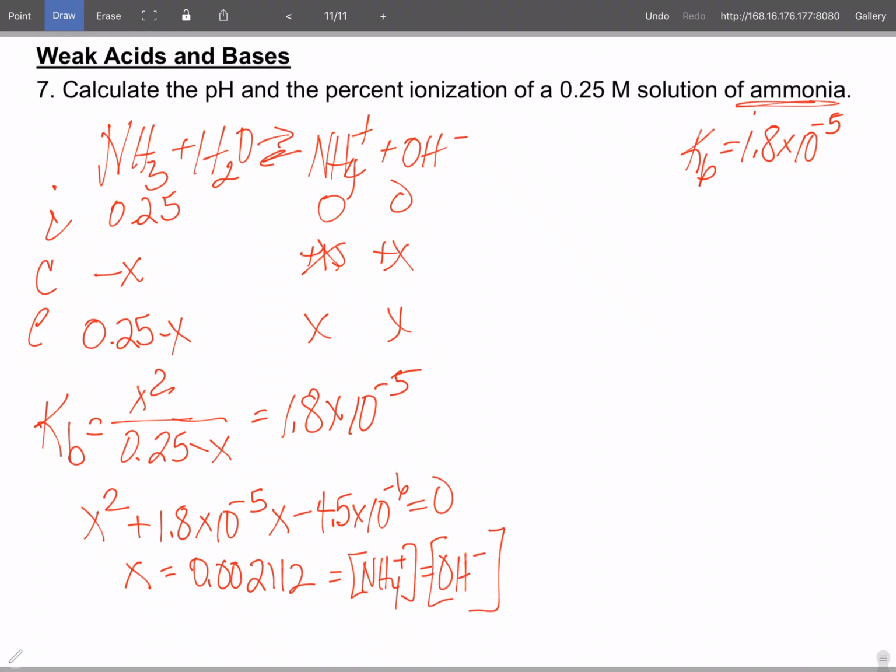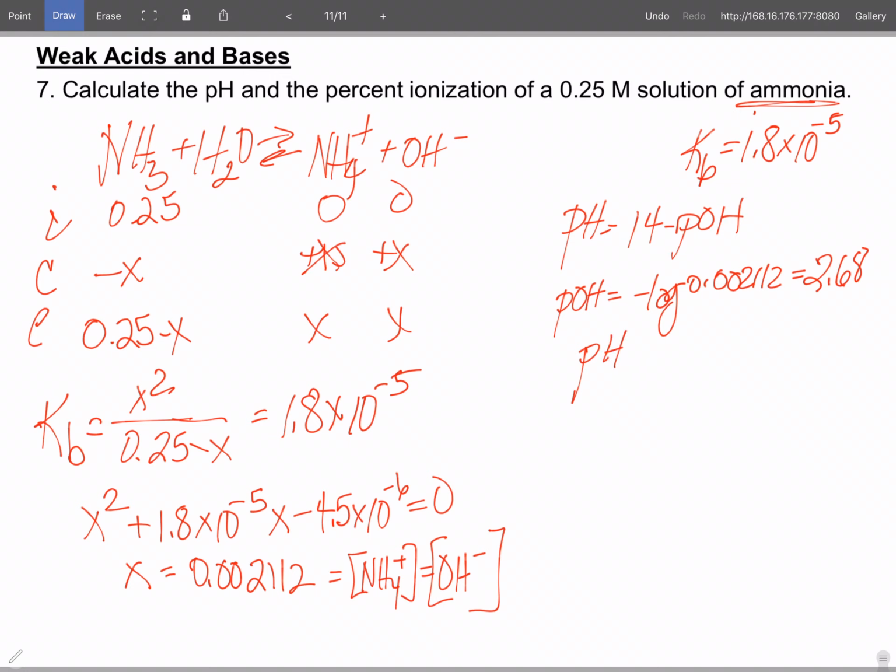So if we wanted the pH, then we're going to have to do 14 minus the pOH. So the pOH is going to be negative log of 0.002112, which gives us a whopping 2.68. And remember, that's the pOH, so when you subtract, the pH is equal to 11.32. So this is actually a pretty basic solution.